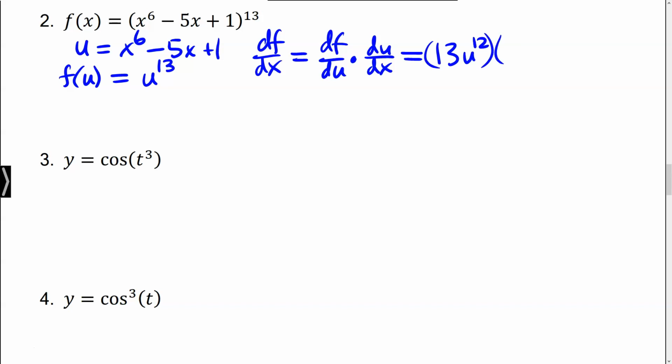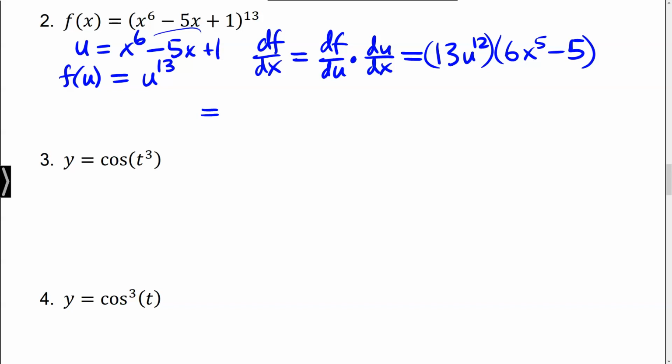And then we're going to multiply that by du/dx, the derivative of u with respect to x, which is 6x to the 5th minus 5. And lastly, I need to take my u, which is the whole trinomial here, and substitute that back in.